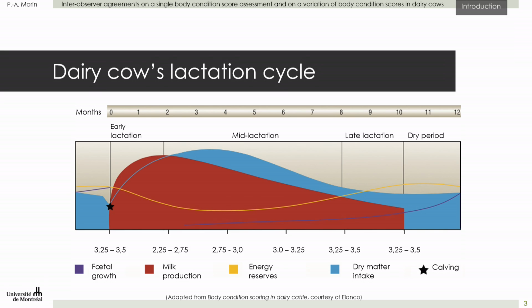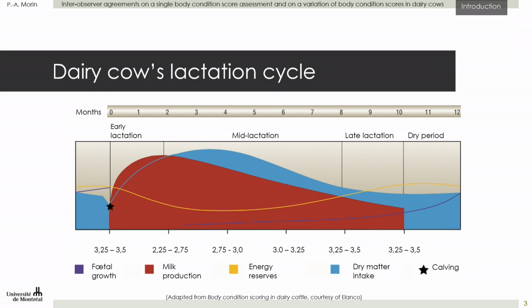In fact, the recommendations coming out of BCS measures more often use the variation of BCS than only a single BCS assessment. While agreement between observers of a single BCS assessment is well documented, the literature is poor when it comes to the agreement for a variation in BCS.